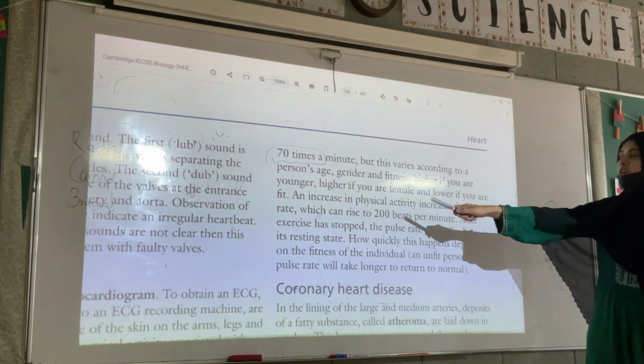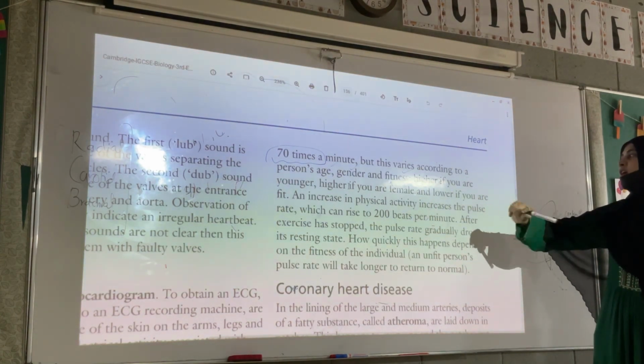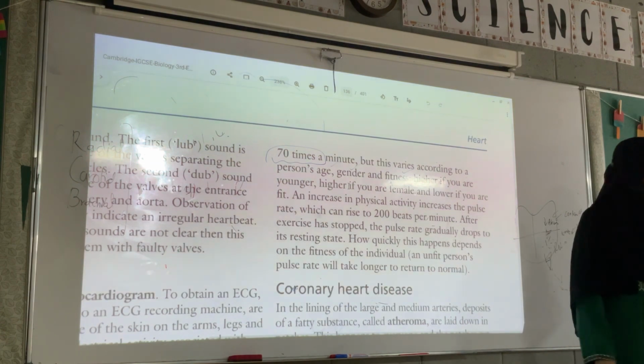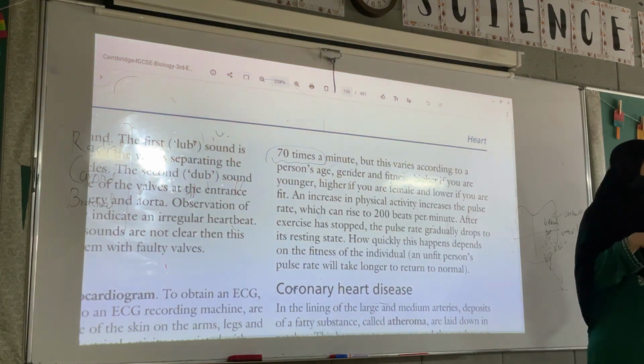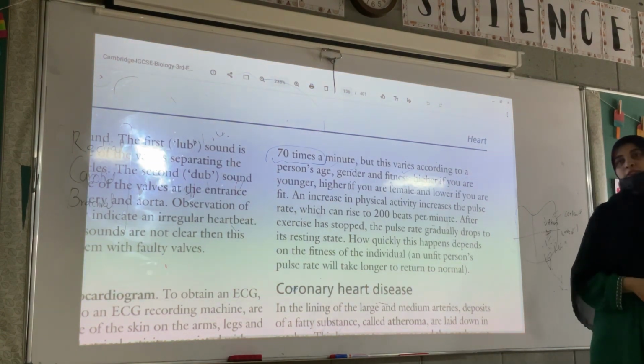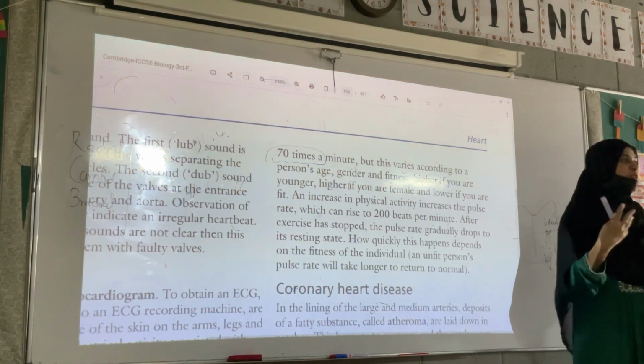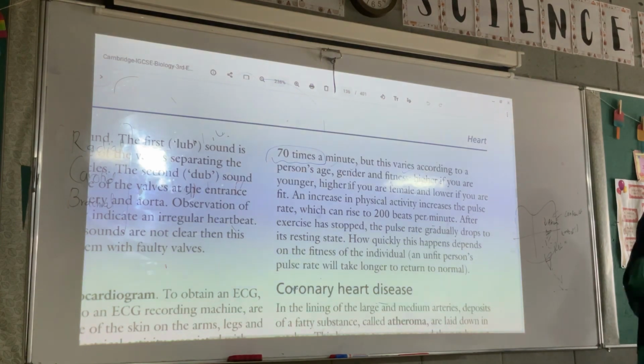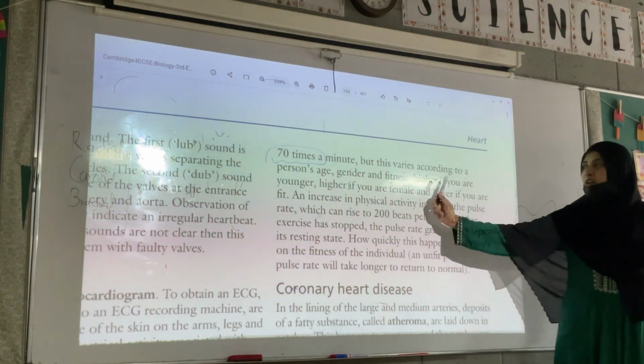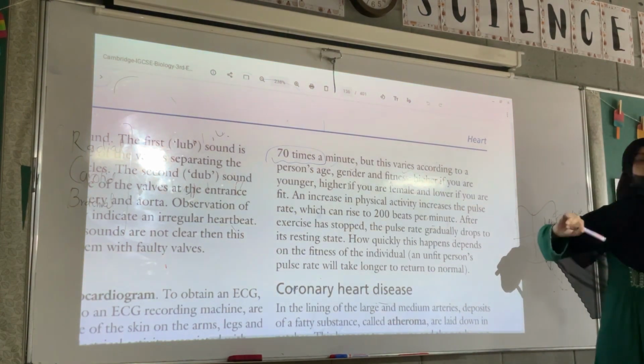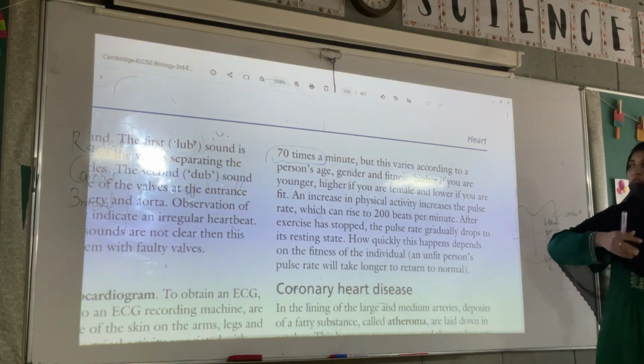So the rate is higher if you are younger, higher if you are female, and lower if you are fit. If you are fit, your heart will not get that overexcited, right? You will know how to pump the blood at a normal rate. Younger people have a higher rate, like children. Usually babies' heartbeat is quite fast, right?